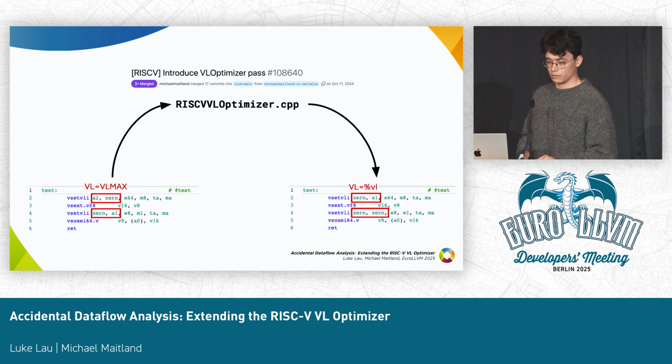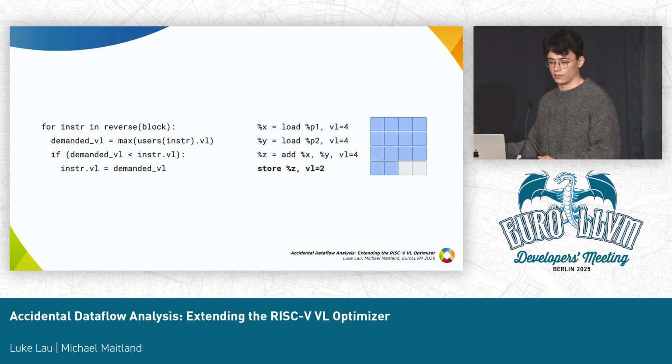So he upstreamed this patch, the RISC-V VL optimizer, which is the title of this talk. And what it does is, like the loop vectorizer emitting VP intrinsics, it also reduces the VL of instructions, but specifically, it does it in the RISC-V backend. And I think it's quite elegant the way it works. It's basically just a loop from the bottom of a basic block all the way up, in a reverse post-order fashion.